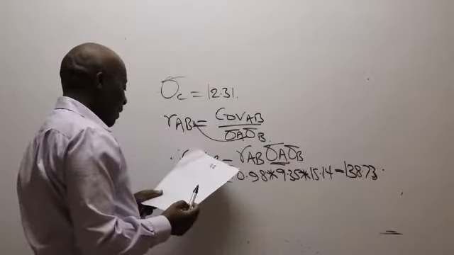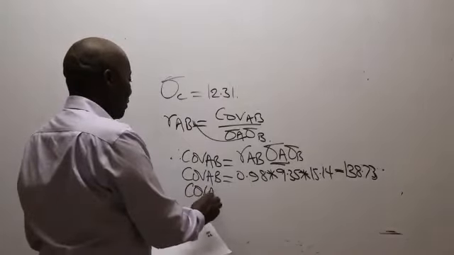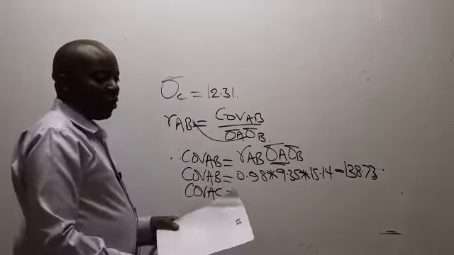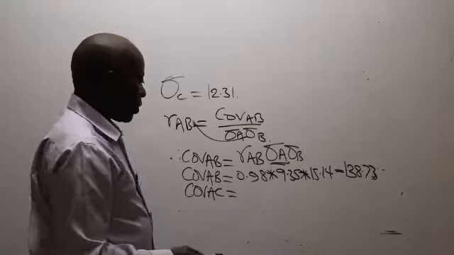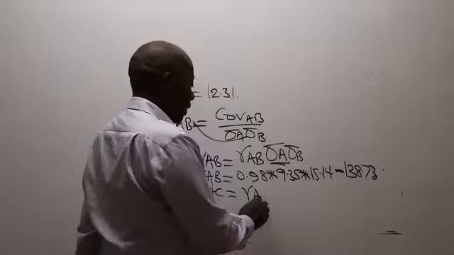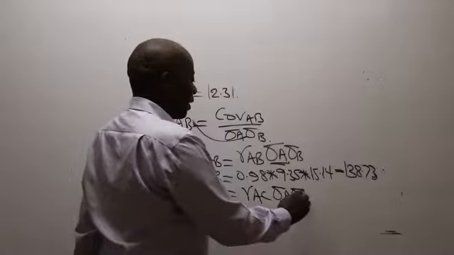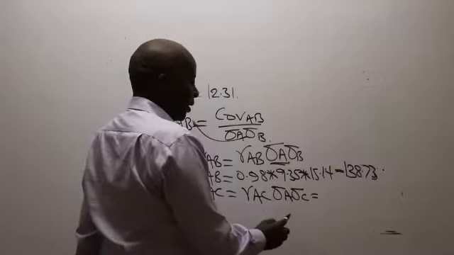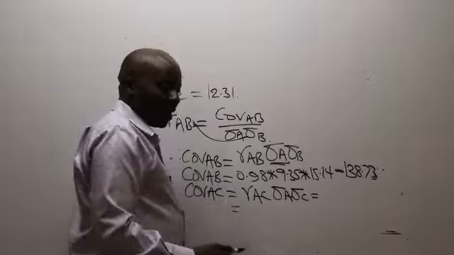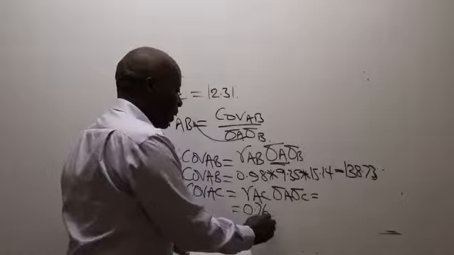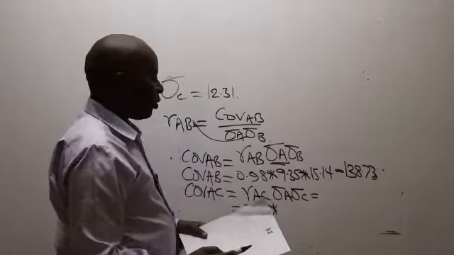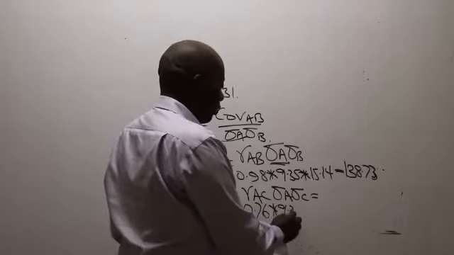Next, I can see there is another pair, the covariance between A and C. I'll take the correlation between AC, 0.76, times the standard deviation of A that you gave me as 9.35.